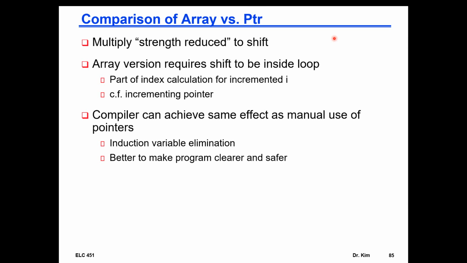And many of the optimizations that compilers do is to change your expression of array indexing to using pointers. That's an optimization. You could do it yourself, but if you have a good optimizing compiler, that's one of the optimizations that could be done.